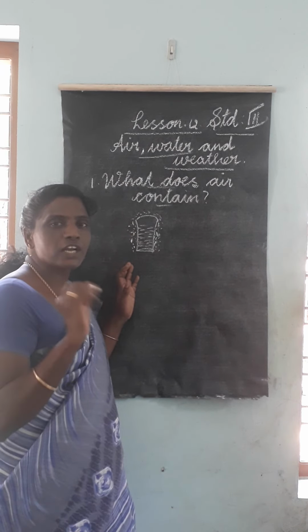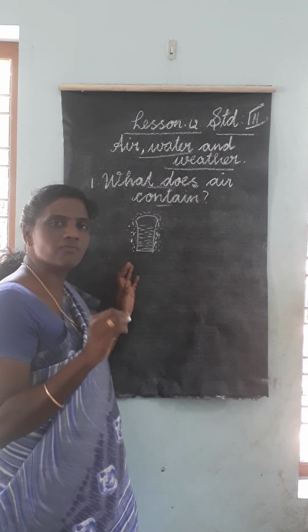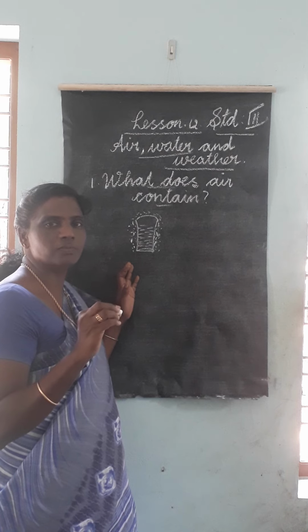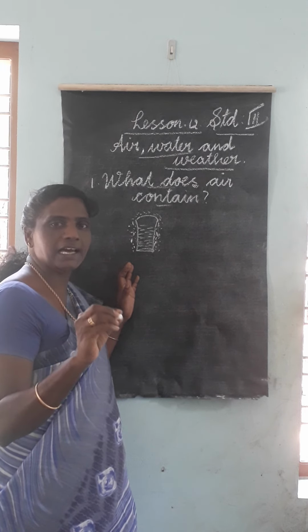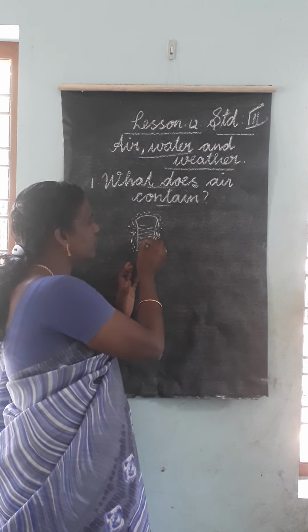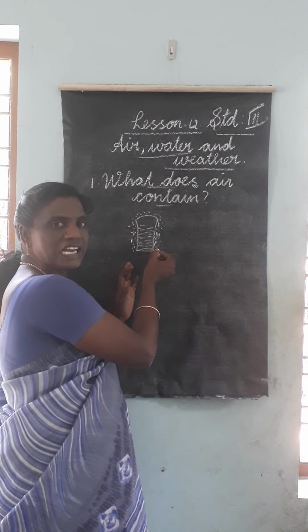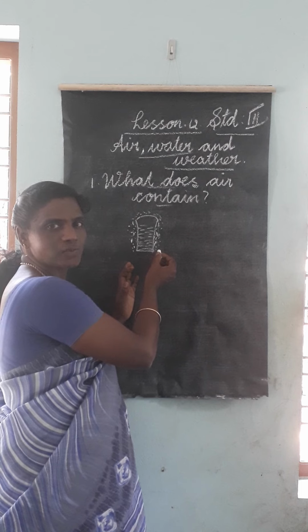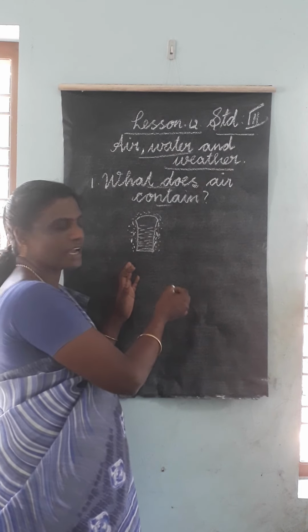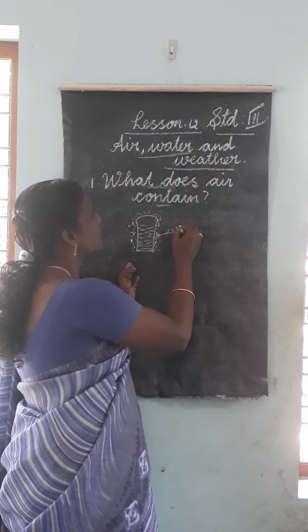Where do these water drops come from? This water did not leak through the glass. It came from the air. These are water droplets.